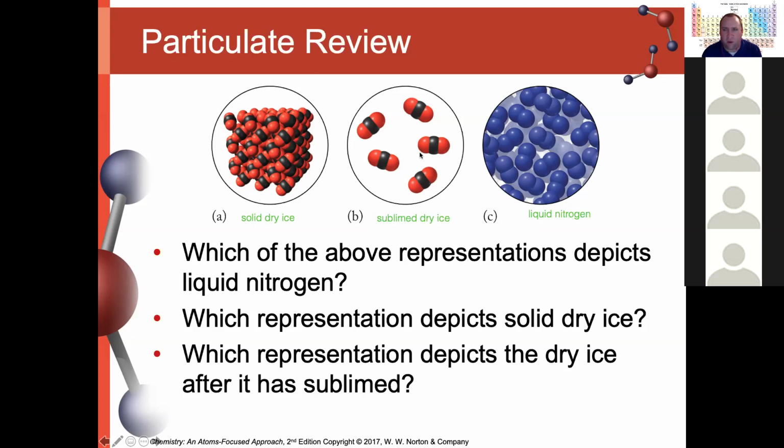panel B. And what phase of matter would we say is present there?